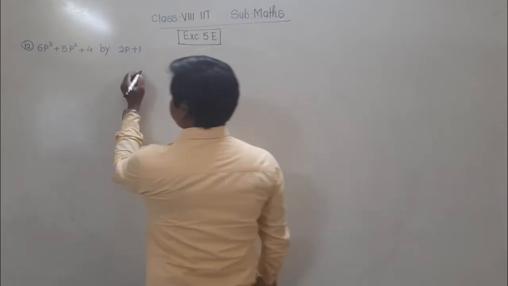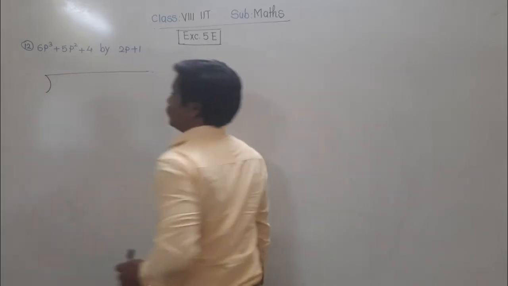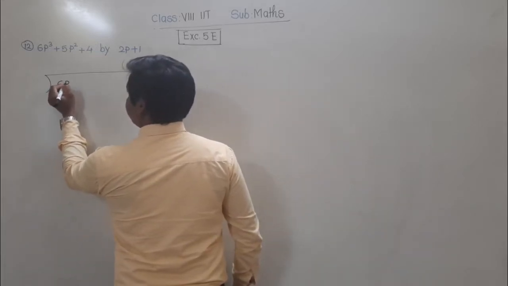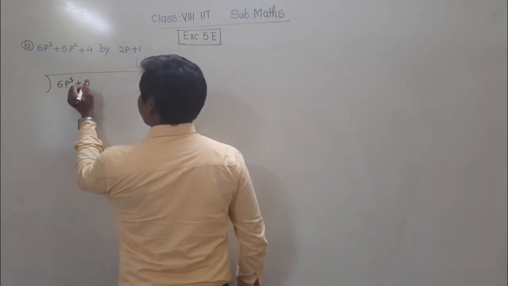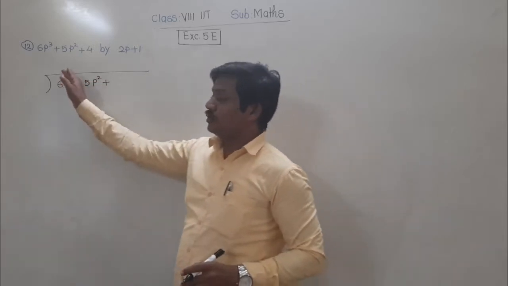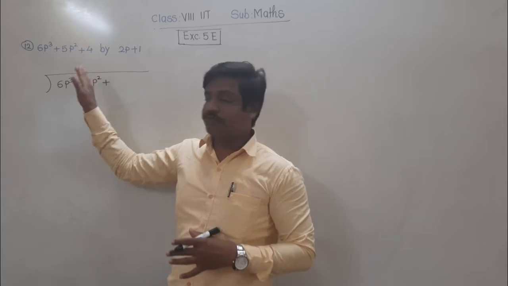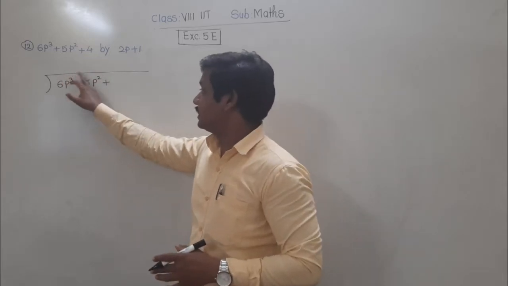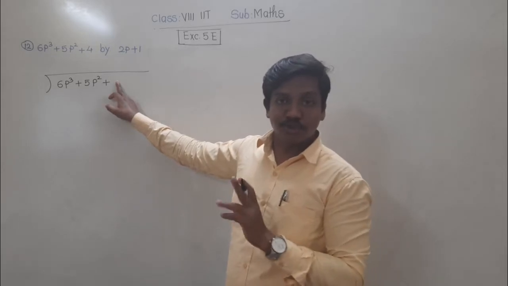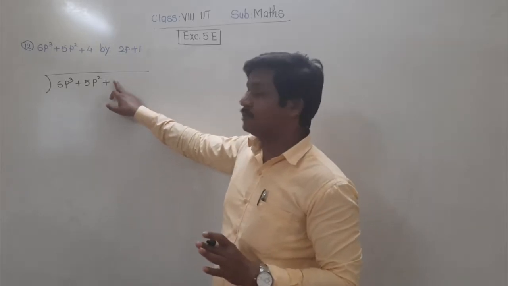Let us first arrange them into a column. 6p cube plus 5p square plus, now see here, according to the descending order of the exponent, here there is 3, here 2, and the next term must be p raised to 1, that is only p, but it is missing.